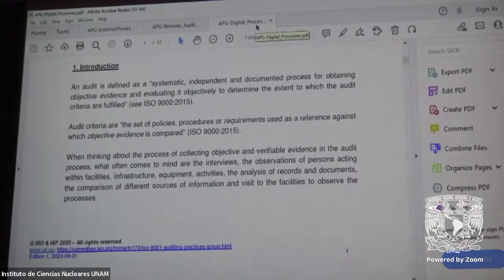So this says that an audit is defined as a systematic, independent documented process for obtaining objective evidence. How can you obtain objective evidence from a computer system, especially a sophisticated system that has multiple components interacting with each other? So think about these large robotic car manufacturing plants that use a just-in-time delivery system of components.